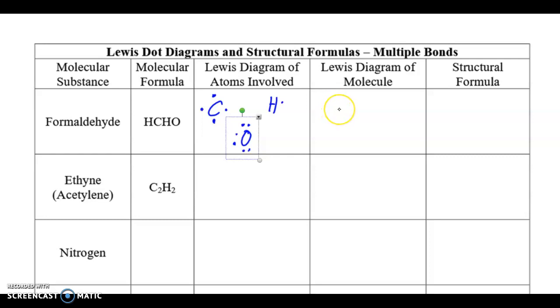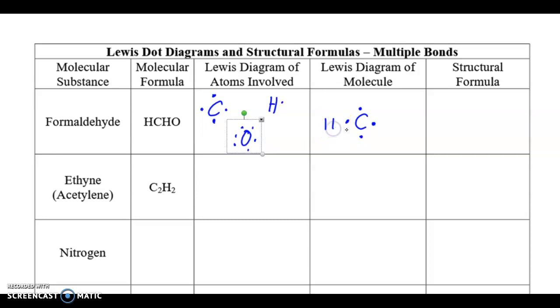So let's actually do this. Here we go. All right, now we're going to put carbon in the center because it can make the most bonds. And it looks like there's 2 hydrogens attached directly to the carbon.